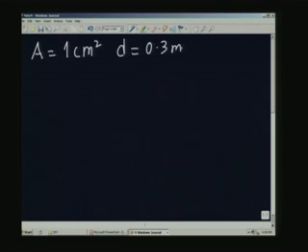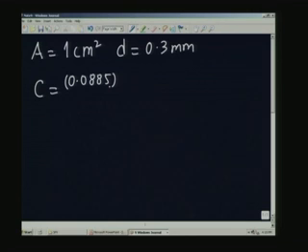If I take a simple example, A equal to 1 square centimeter, and let me take d as 0.3 millimeters. I said we are going to have a very small distance between the two plates. I can calculate the value of C, which is given by 0.0885.